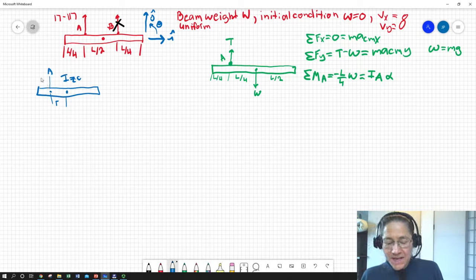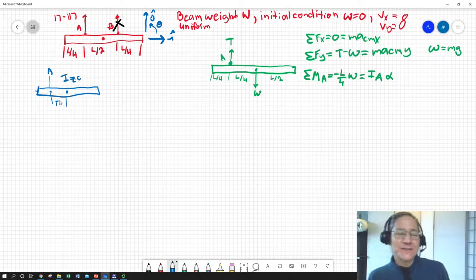Or we could look up the moment of inertia about the end, and subtract the mass times that radius, which is L over 4. So it depends on which number we can find in a handbook easier.